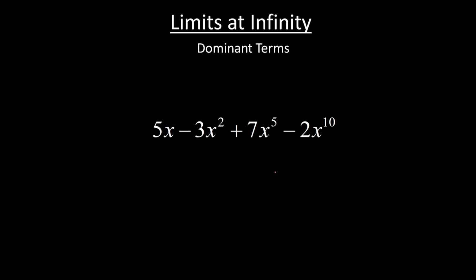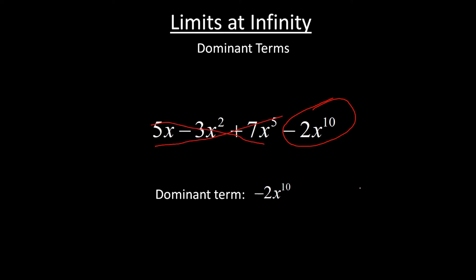So check this out. Here's just a regular old polynomial. What is the dominant term here? Well, we look for the one with the highest power. 10 is the highest power, the highest exponent. And so the dominant term is minus 2x to the 10th. This term will crush everything out of existence as x goes to infinity.